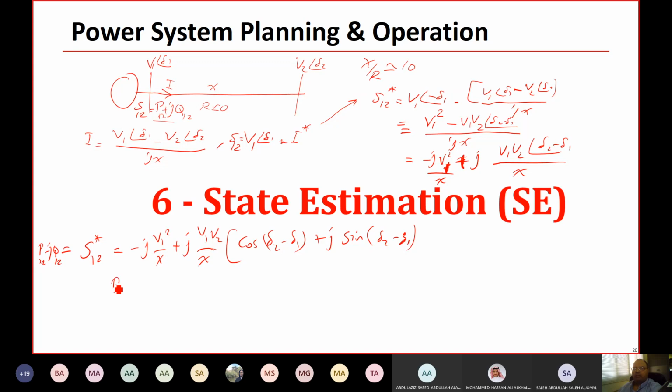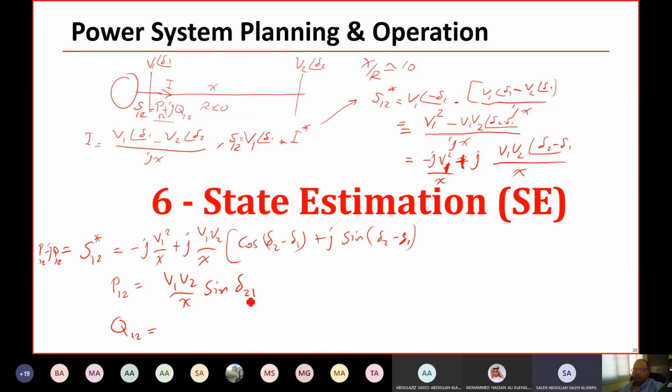So you can now write what is the real part of this quantity. What is the real part? Minus sine. Minus V1 V2 over X sine delta 2 minus delta 1, since j times j gives minus. Okay, how much is Q, the reactive power?